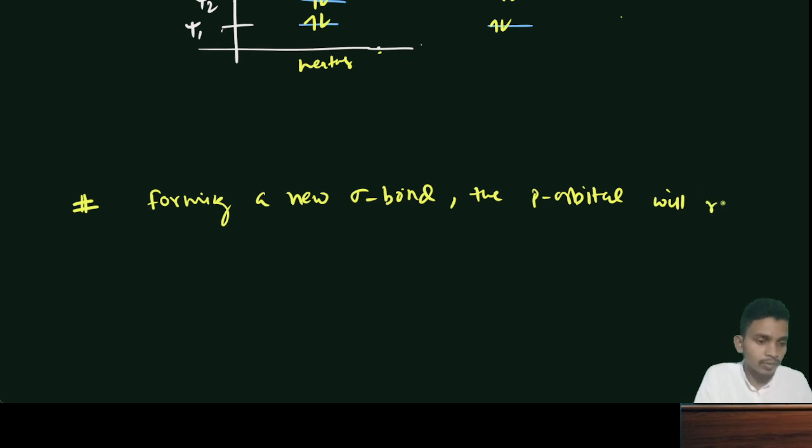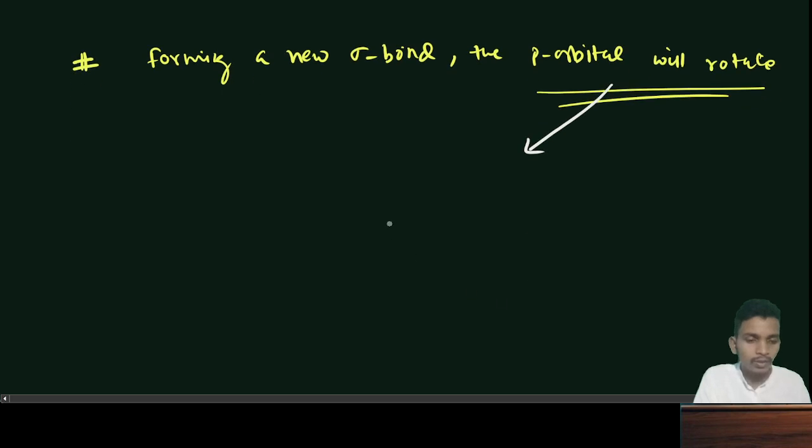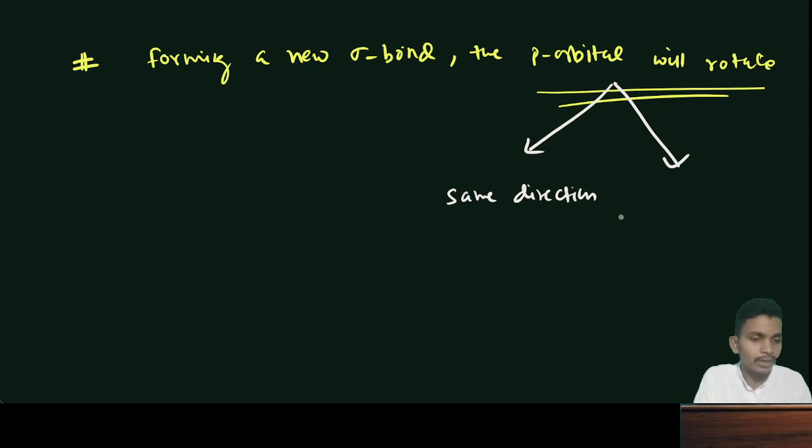The p orbitals will rotate in two ways. One, it can rotate in the same direction, or there is also a chance that it can rotate in different directions. Why am I saying p orbitals?